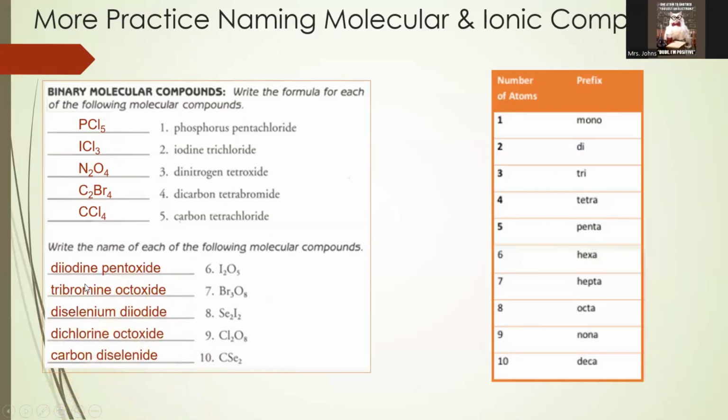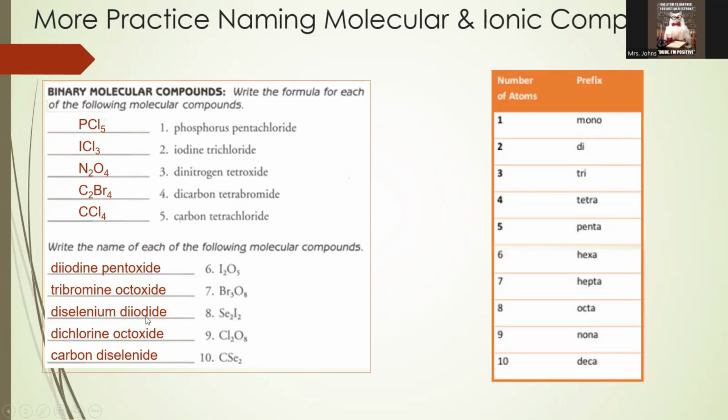So here we've got diiodine pentoxide, and that's really weird looking to write because it still keeps the 2 I's, diiodine. It'd be diiodine, and that's just not even a word. So I can see why they leave it, but it's just weird. And then pentoxide, tribromine octoxide, so 3 bromines and 8 oxygens.